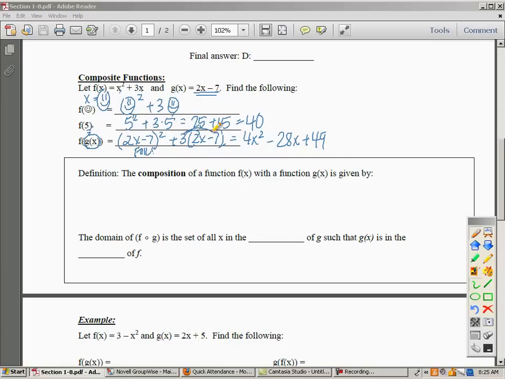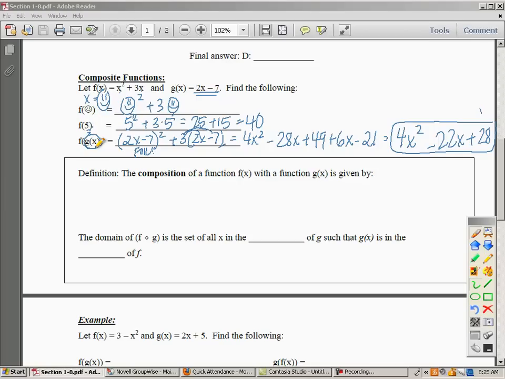Then I can distribute the 3 to both, so plus 6x minus 21. You end up getting an answer of 4x squared minus 22x plus 28. This is the answer we're looking for, and that's considered a composite, where you take one function and you plug it in for every x in the other function.